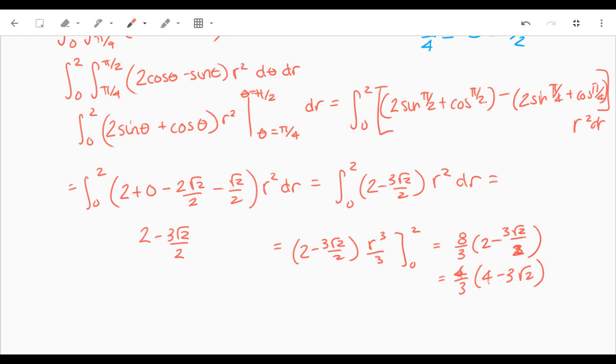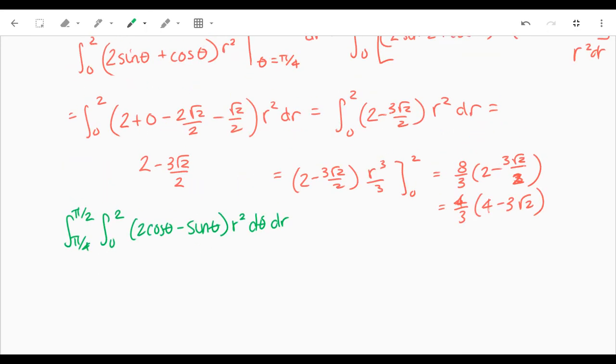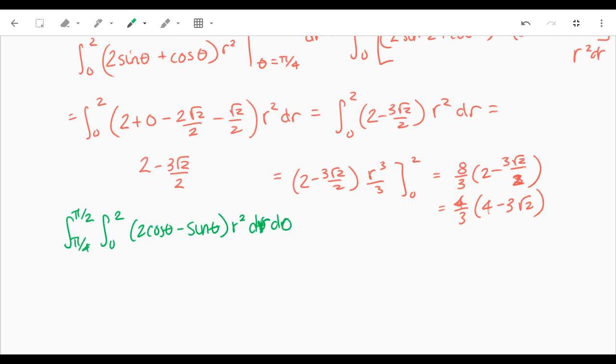Now, as I was saying, we could do it the other way too. We could also do this as the integral from pi over 4 to pi over 2, integral 0 to 2, 2 cosine theta minus sine theta, r squared d theta dr. With that, I want a dr d theta, so you could integrate with respect to r first, and that would go from 0 to 2, and then d theta.